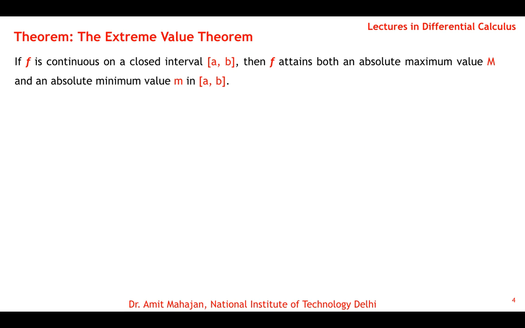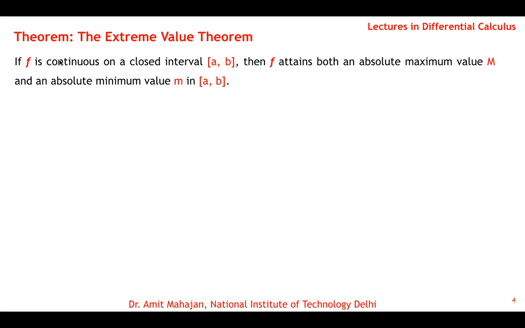The extreme value theorem says that if a function is continuous on a closed interval [a, b], then the function attains both an absolute maximum value, say capital M, and an absolute minimum value, say small m, in this closed interval.